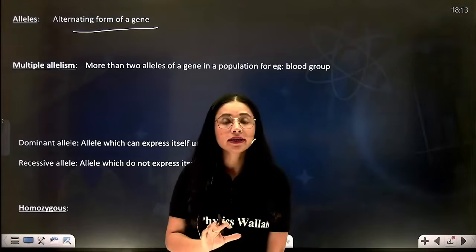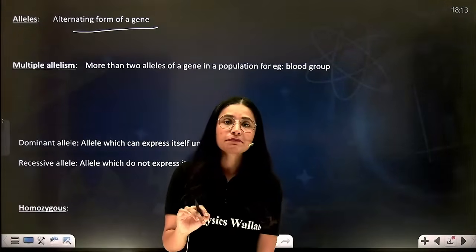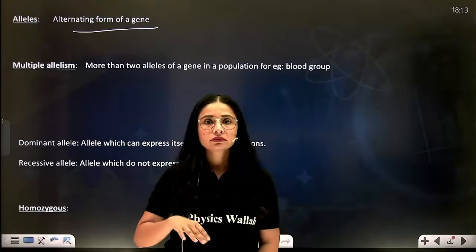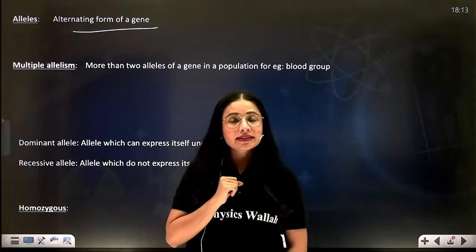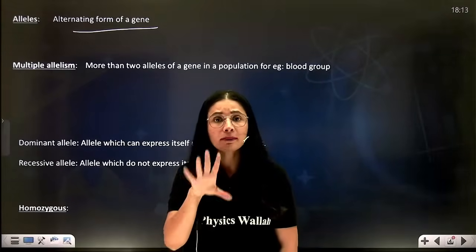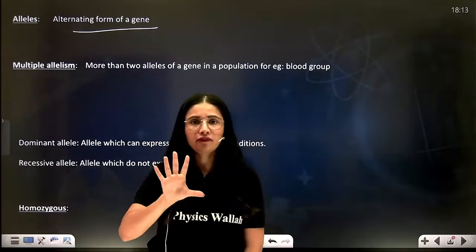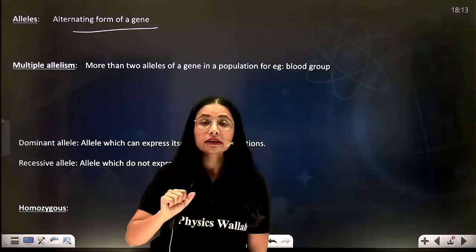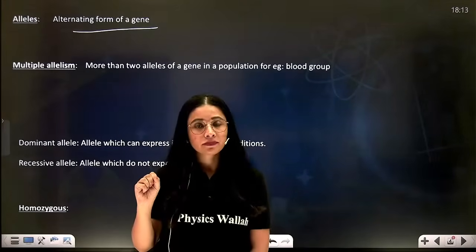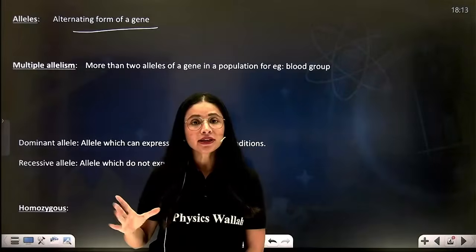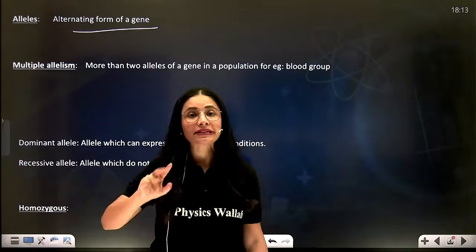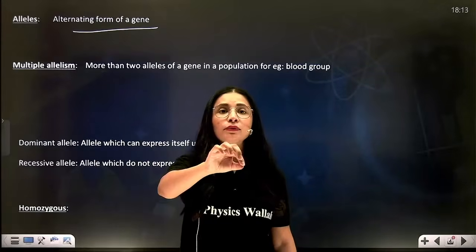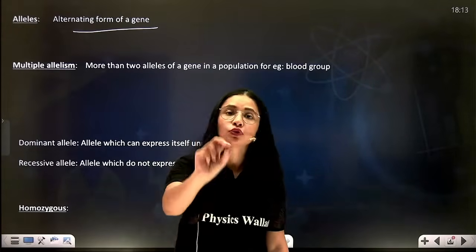In a diploid individual, one gene is represented by two alleles. However, in a population, for example if I talk about 5 Homo sapiens, those 5 together make a population. So in a population, one gene can be represented by more than 2 alleles. However, in an individual, there will be only 2 alleles.